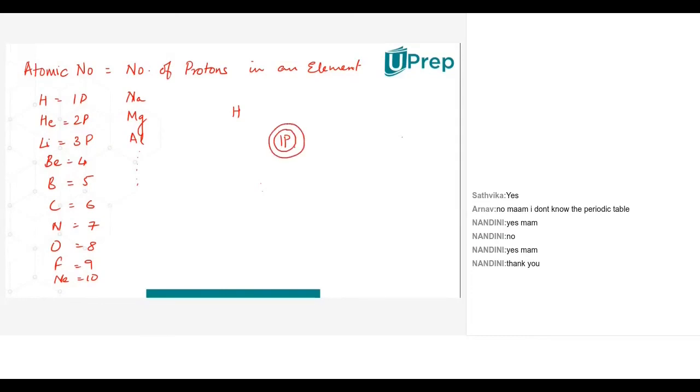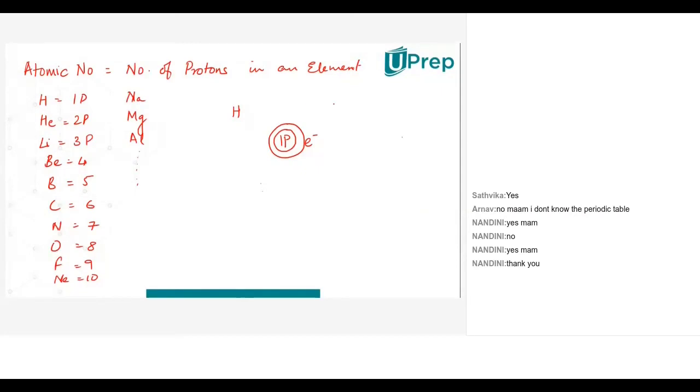Notice that there are no neutrons. In a hydrogen atom, there are no neutrons, only protons and electrons, and that too one proton and one electron.